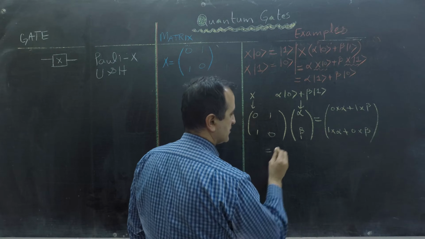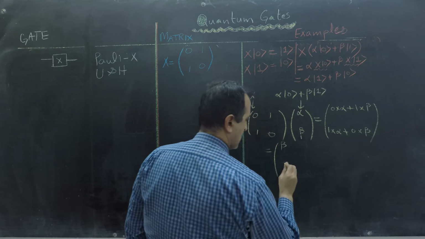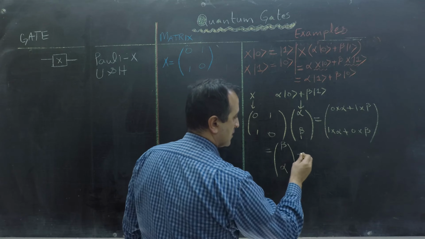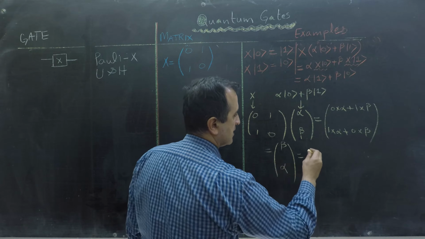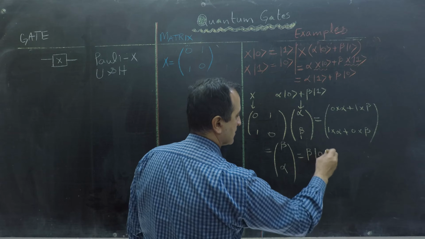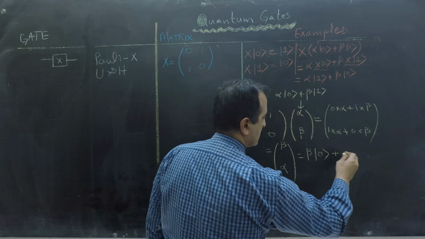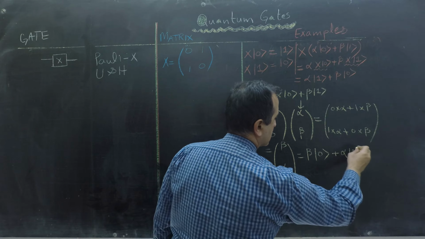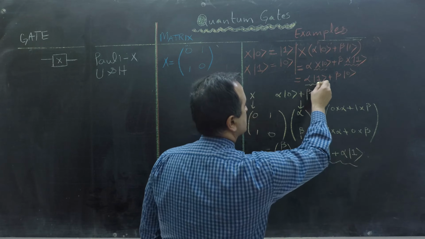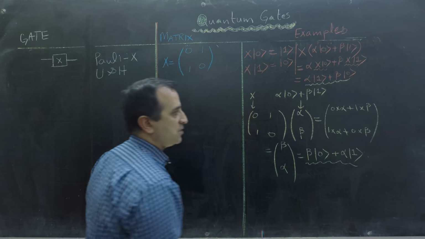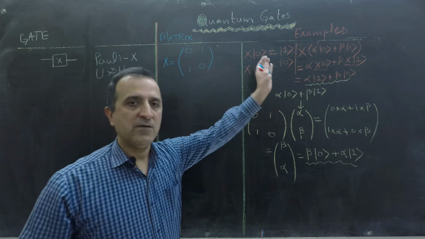And this simplifies to beta, alpha, and because the 0th location has beta, I can write it as beta times ket 0, and because my first location has alpha, I write it plus alpha times ket 1. And you can see that this result and this result are exactly the same. So we have verified that this matrix behaves exactly like we have written here.